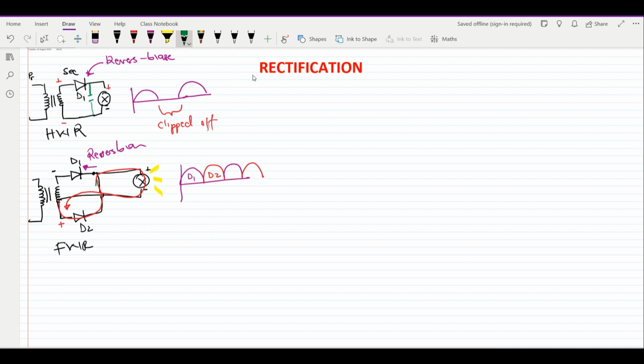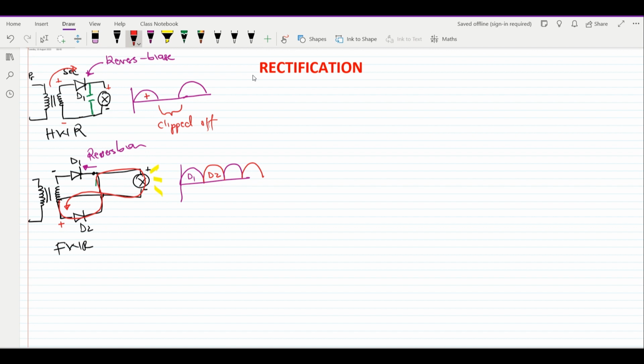When we connect our capacitor in parallel with the load, when the current decides to flow in this direction and this positive appears here, we have conduction.